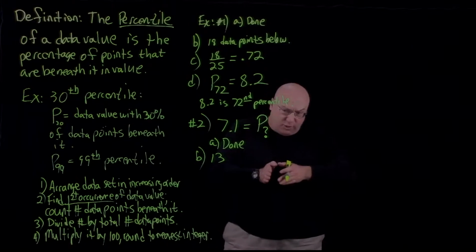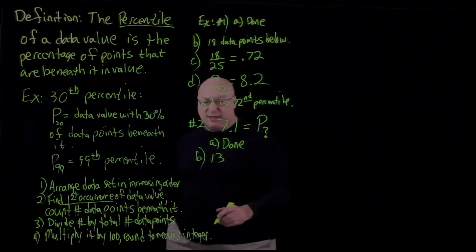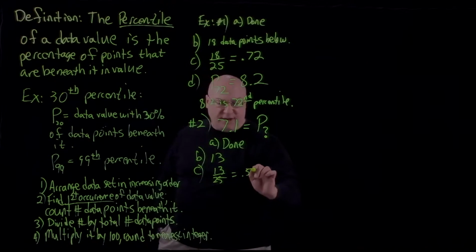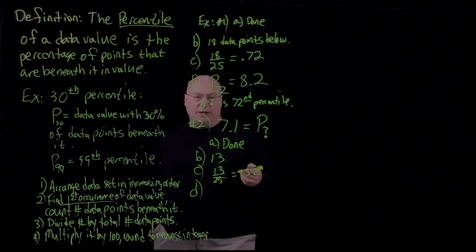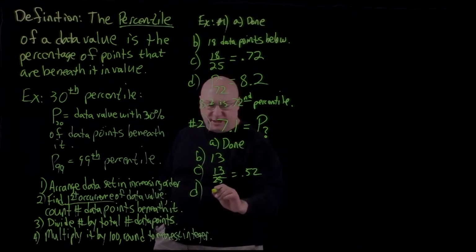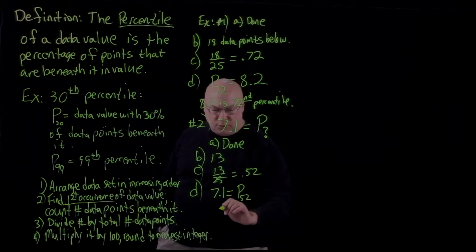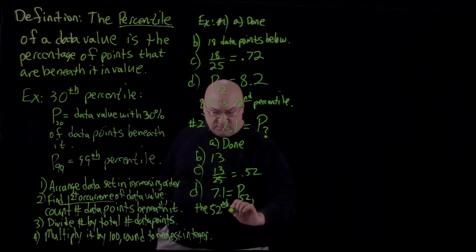You take that first 7.1, take the data points less, and you'll count 13. So 13 over 25 is 0.52. Part D, multiply by 100, you get 52, and I don't need to round. So we would say that 7.1 is P sub 52, the 52nd percentile.